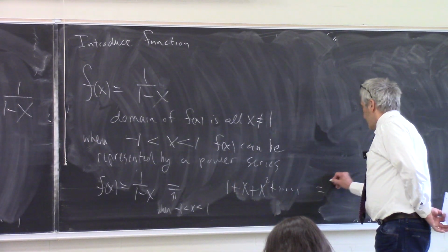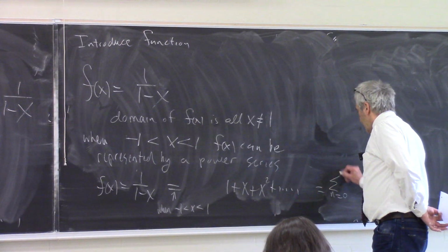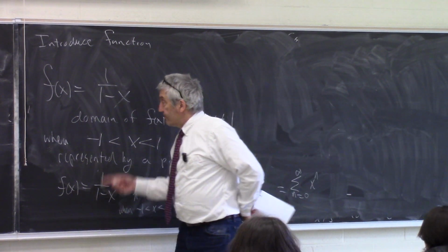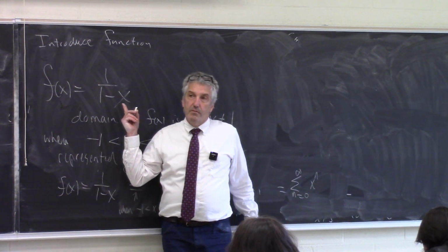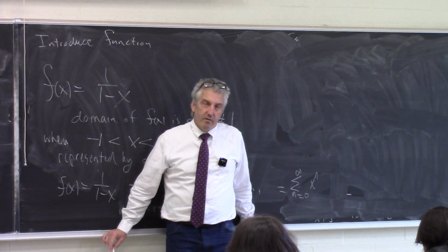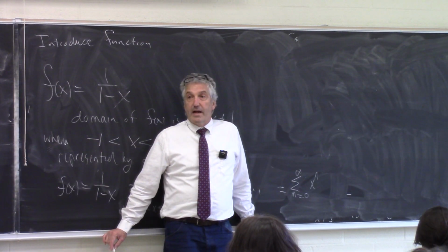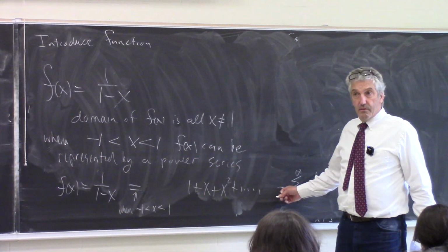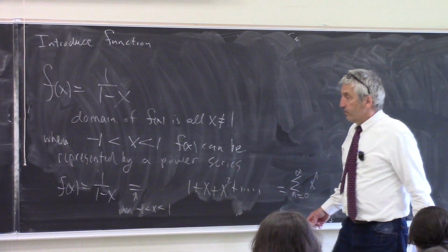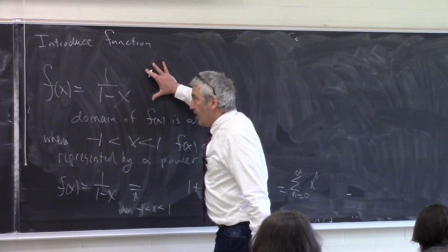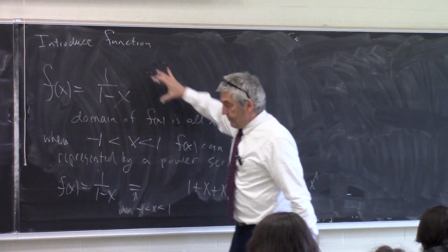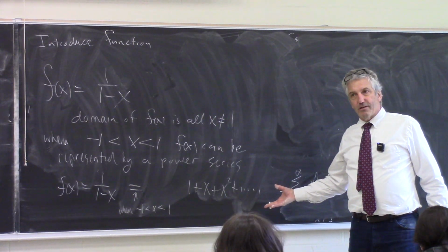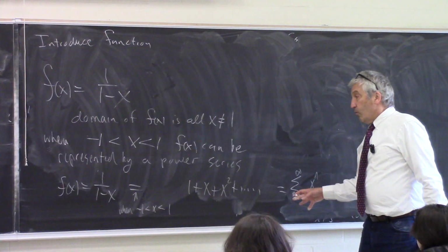So that's the series as n goes from 0 to infinity of x to the n. So I could use this formula to get f of 7. f of 7 would be 1 over 1 minus 7, so it would be 1 over minus 6, so it would be negative 1/6. But I can't use this series to get f of 7. So this function has a bigger domain than its power series representation. So I can use the power series to get y values only in certain cases.